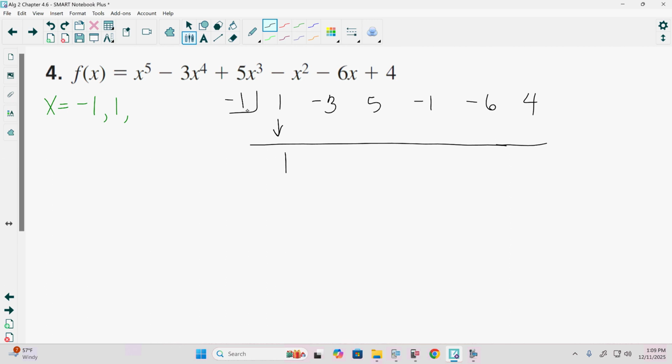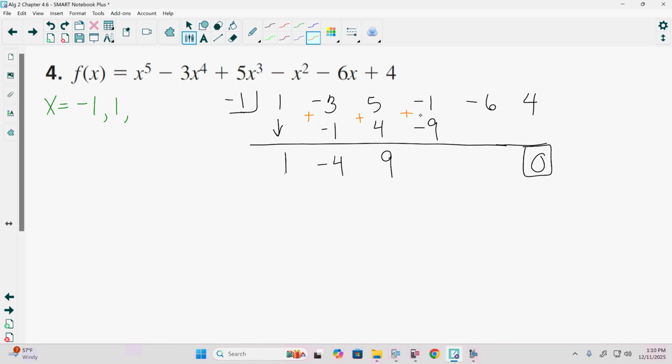Now again, it doesn't matter which one of the 2 values we use first. I'm going to pick -1 to do our synthetic division, and we know it's a solution, so we know that the remainder is going to have to be 0. So the first thing we're going to do is our multiplication. -1 times 1 is -1. Then we're going to add straight down. -1 plus -3 is going to be -4. -1 times -4 is now +4. 5 plus 4 is 9. -1 times +9 is -9.